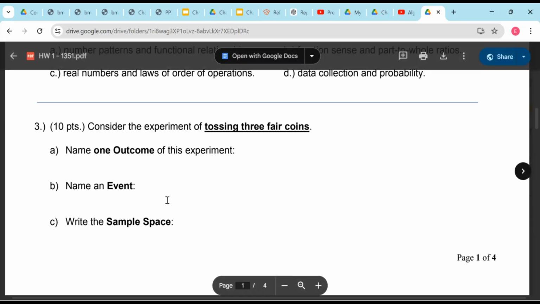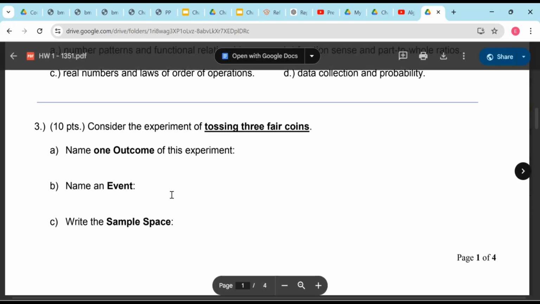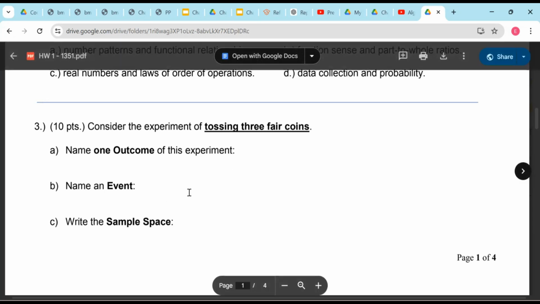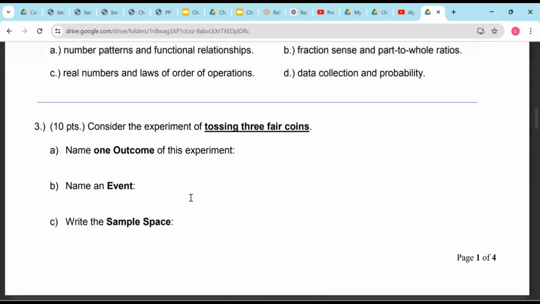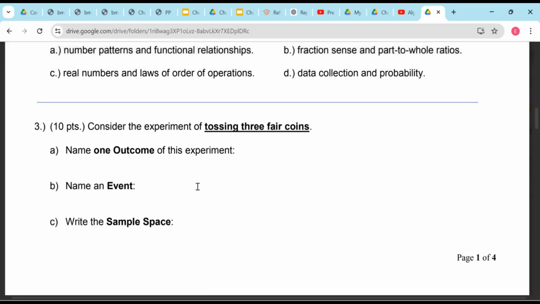Or you're only looking when you have 2 heads. That's a different story, right? So you can have heads, heads, tails, heads, tails, heads, tails, heads, heads. So you can have all the different combinations for when you have 2 heads. Or you can say when you toss a head on the last coin. So again, the events are very specific. So you come up with that event.